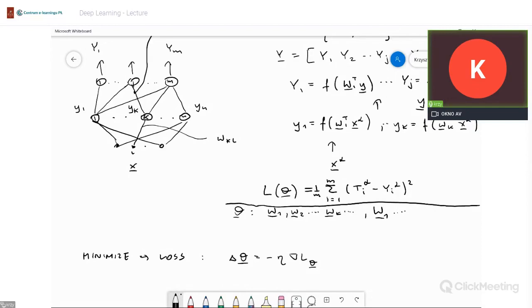How can I be more specific, and relate this general rule to the particular network that I have?